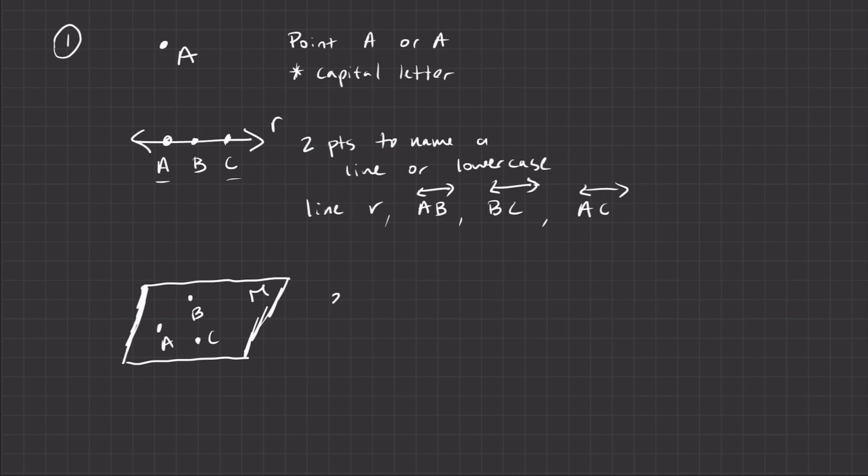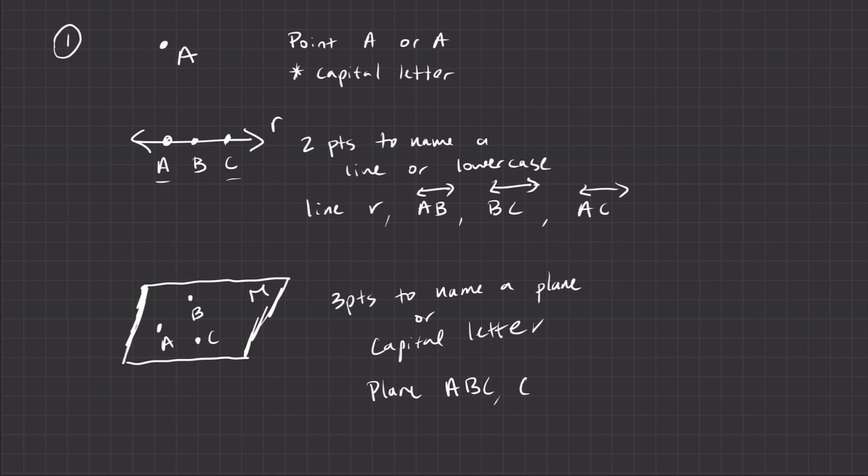You need 3 points to name a plane, or use the capital letter that you see in one of the corners. To name this plane, you can either call it plane ABC, CAB, or maybe BAC. It doesn't matter, okay?